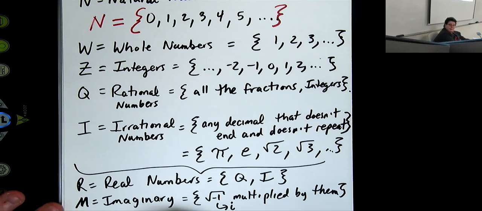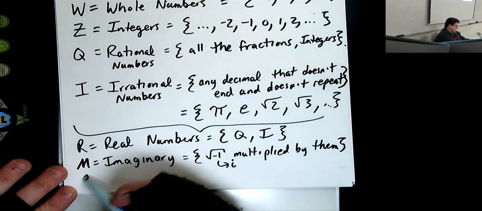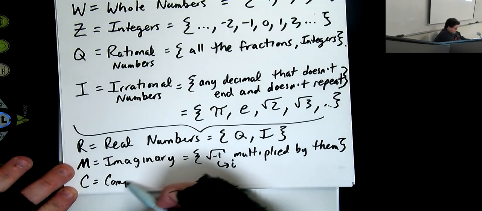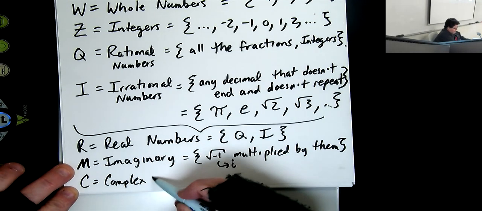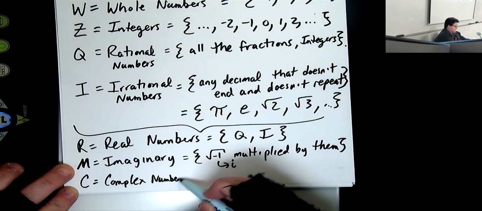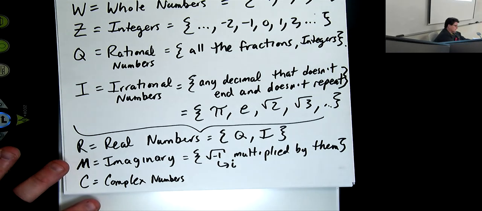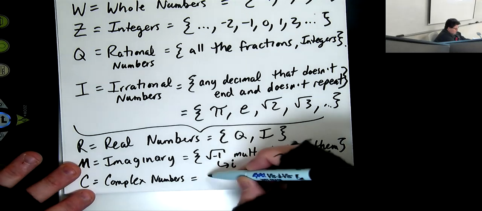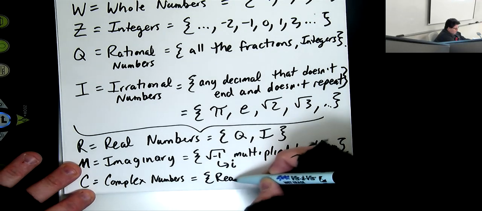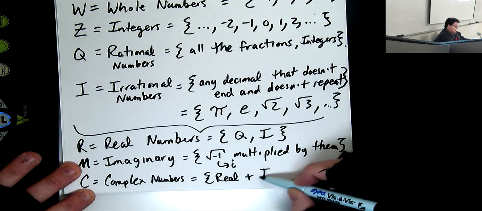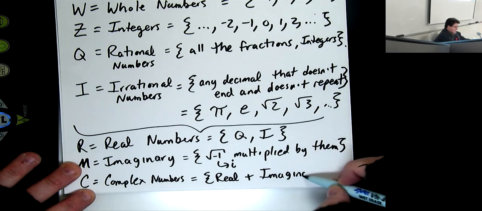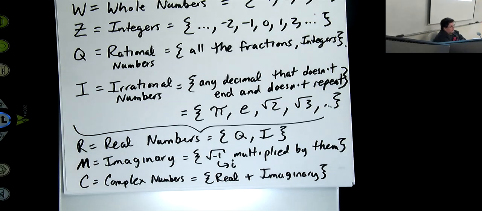And finally, the complex numbers. These are all a combination of a real number plus an imaginary number. It is highly unlikely you will do any of that. You deal with most of these other things.